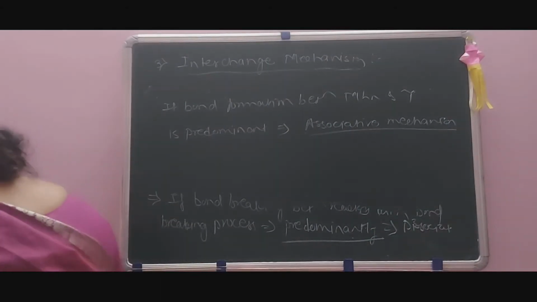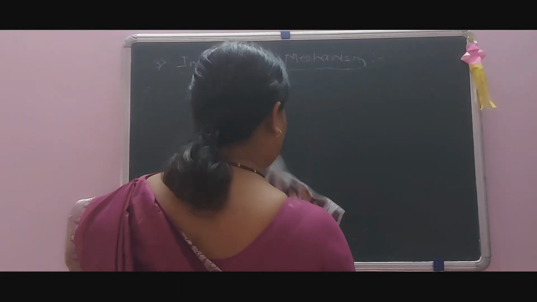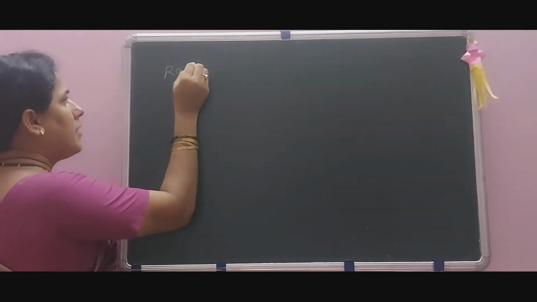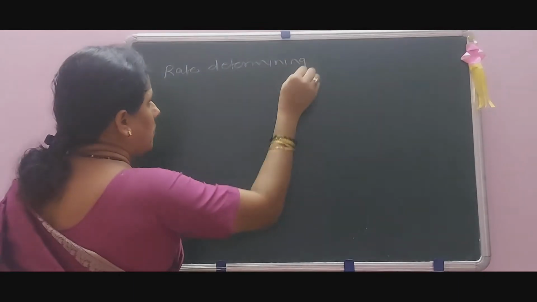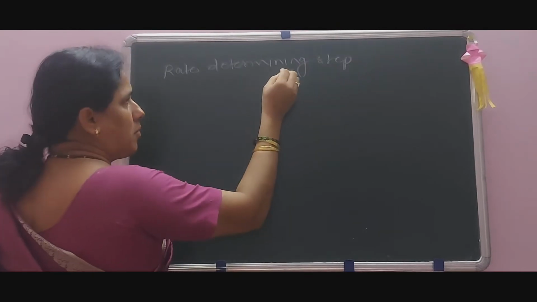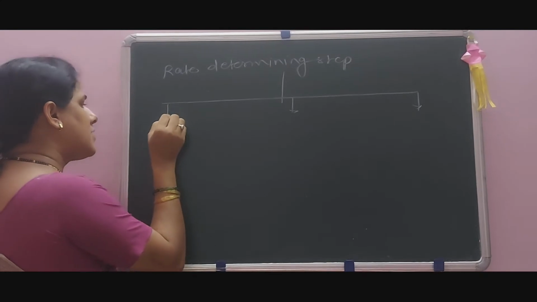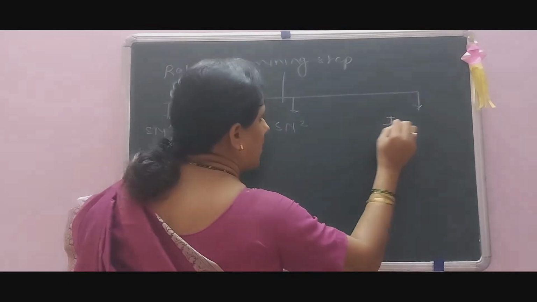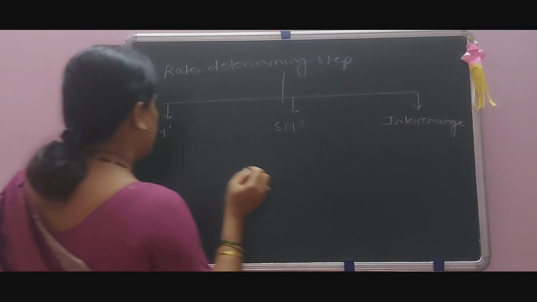Now, in short, we consider the rate determining step, which involves three mechanisms: first SN1, second SN2, and third the interchange mechanism.